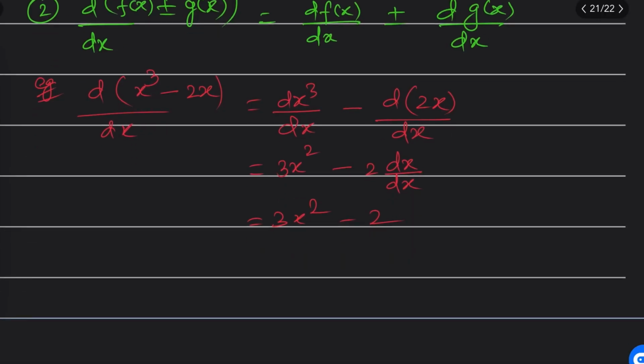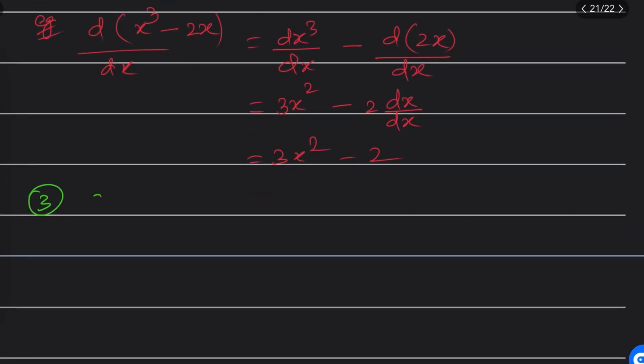Next is rule number 3. Rule number 3 says that if you have two functions that are multiplied to each other, then to write the differentiation formula, keep in mind, this is very important, first keep the second function, g(x), as it is.